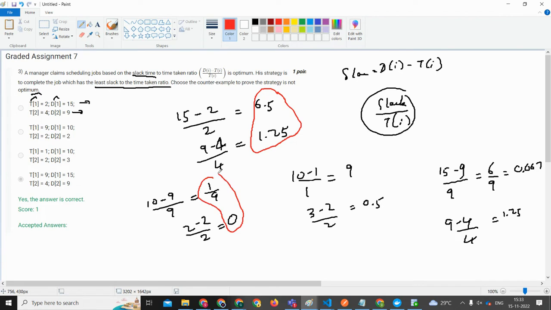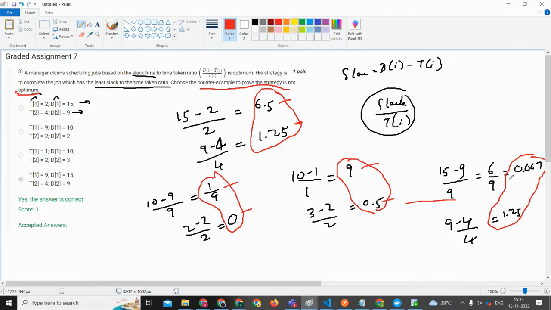Now what we can look at is that these are pairs: two and two, and two and two. For managing client scheduling the job, choose the counter example to prove the strategy is not optimum. What is happening is that the first job's ratio is always greater than the second job's in the rest of the three cases.